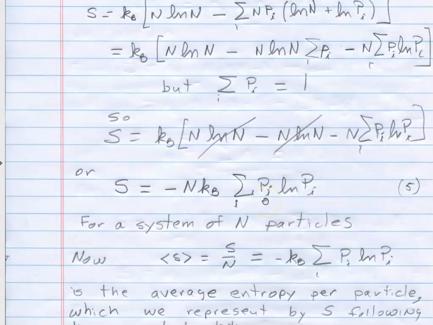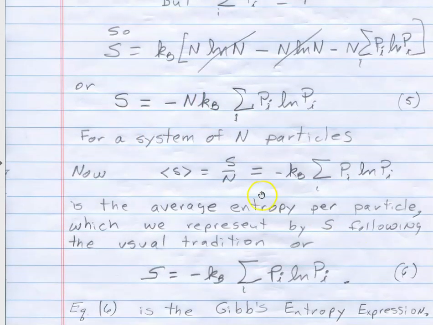This would be for a system of N particles. You might also see it in terms of the number of moles, little n, times the ideal gas constant. But usually when people use it, they're looking at essentially the average entropy per particle, and simply dividing both sides up here by N, we get the Gibbs expression, the average entropy per particle.